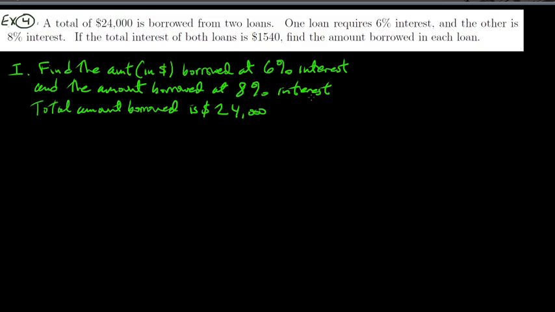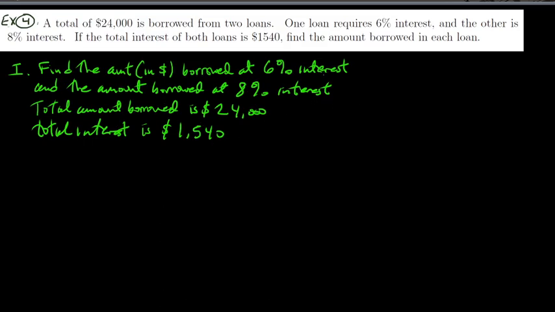But you can check that. What are we looking for? The total interest has to be $1,540. So if you do $12,000 each and you calculate the interest, I don't think you get $1,540. Although I could be wrong.